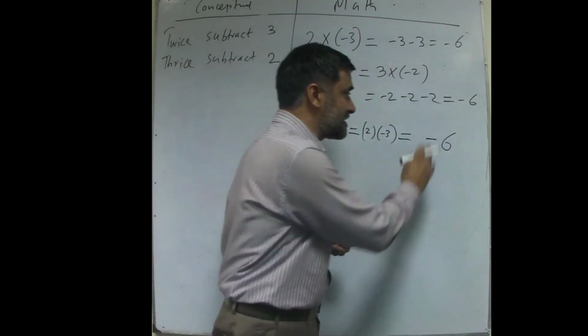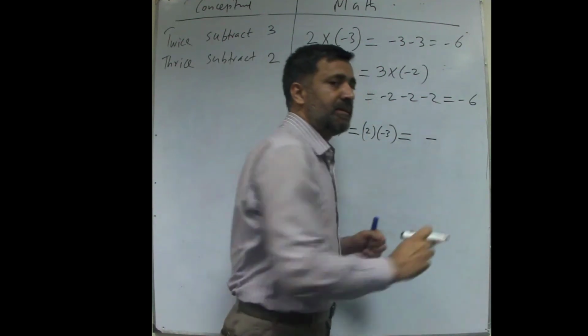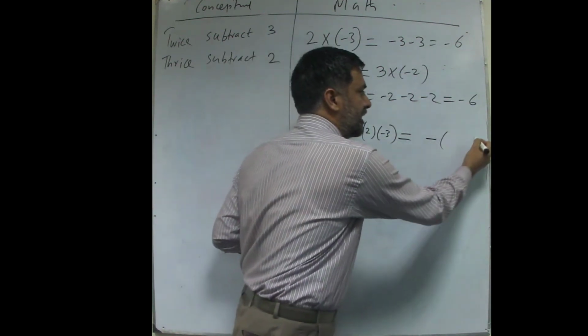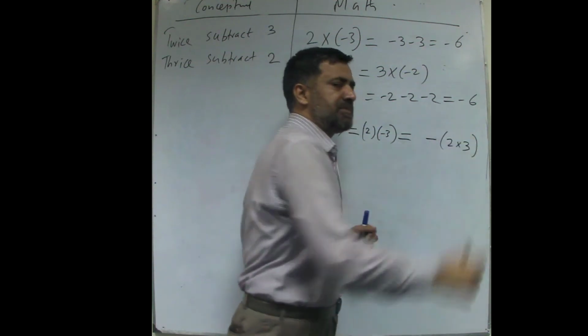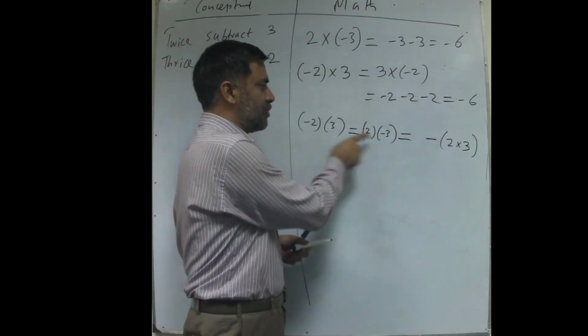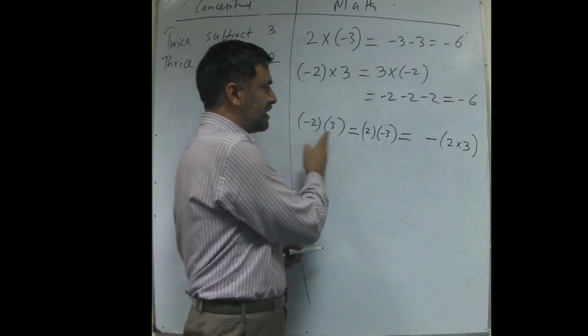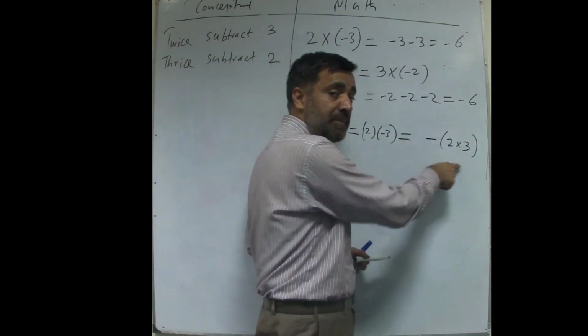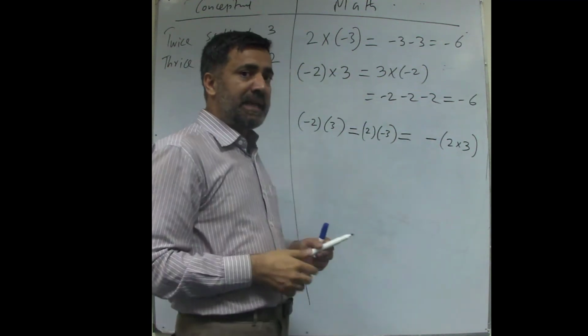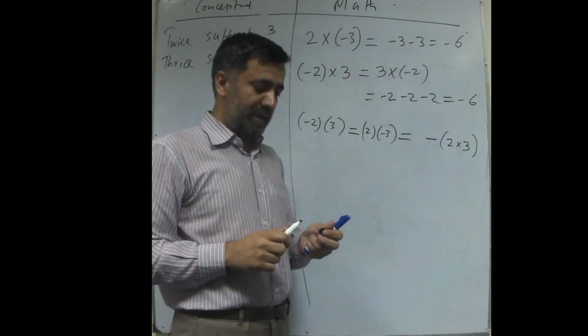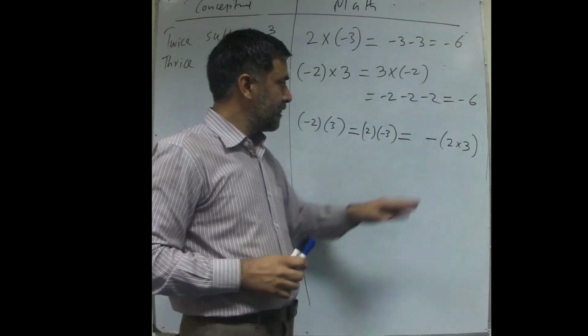And now that 6 can be recognized as simply 2 times 3, as if there was no negative sign. So you don't lose that 2 times 3. You see that in multiplication, this minus sign behaves in a very interesting way.